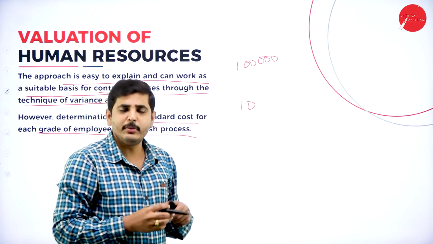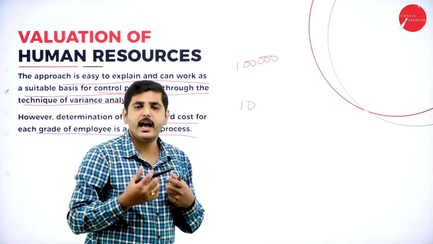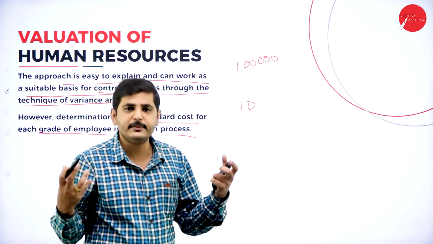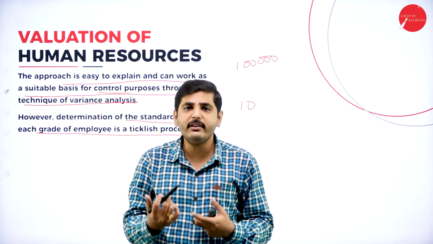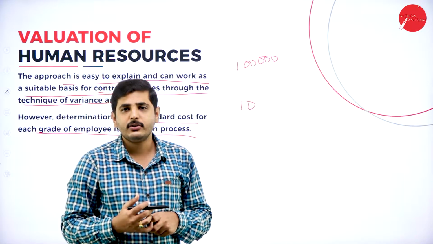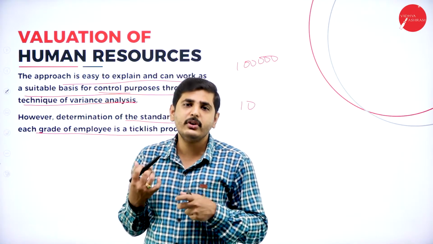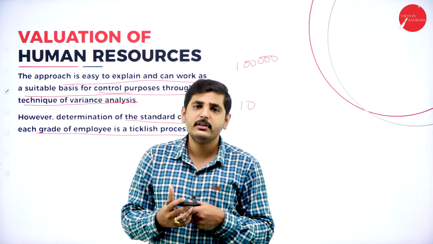But in case of human resource, day by day, as he gets more experience, as he works more, his experience increases and his skill increases. So how can we depreciate his value? As his knowledge improves, he may give more suggestions, he may enhance his performance.